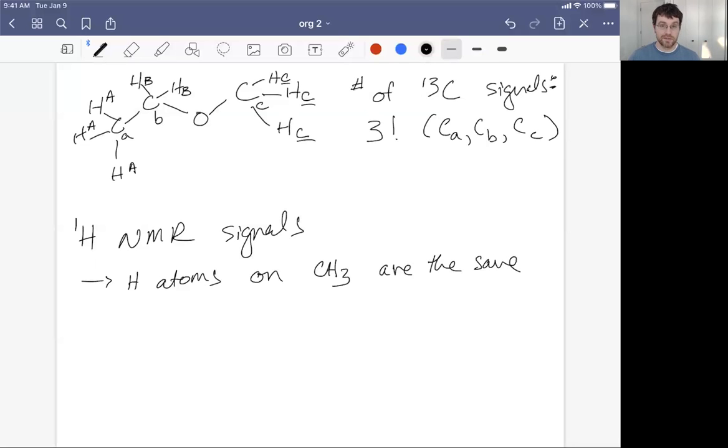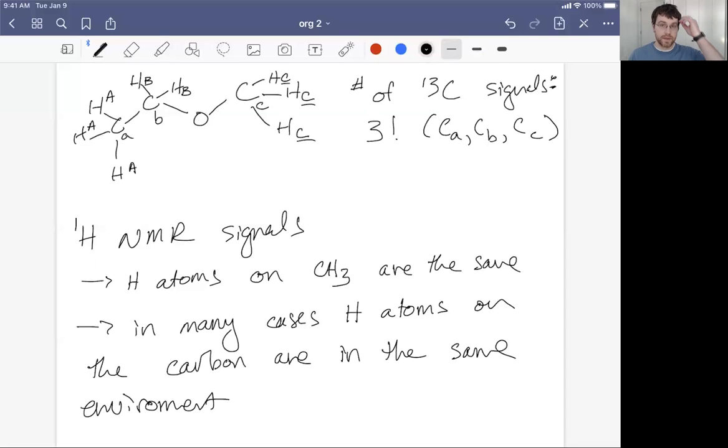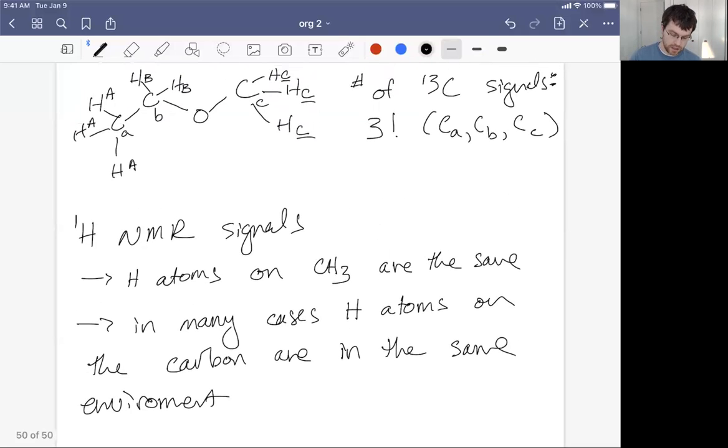So in many cases, H atoms on the same carbon are in the same environment. So we had 3 carbons. That's 3 landing sites for the various, it looks like 8 hydrogens. And so we would expect the number of 1H NMR signals to be 3.